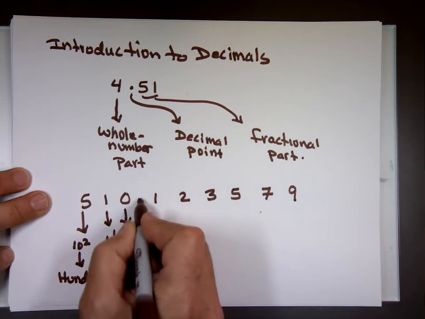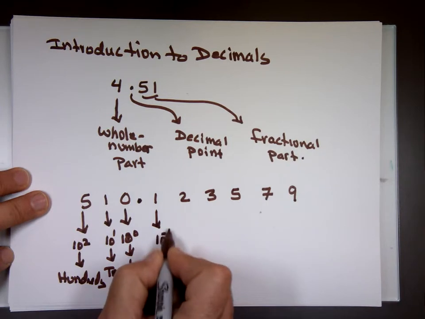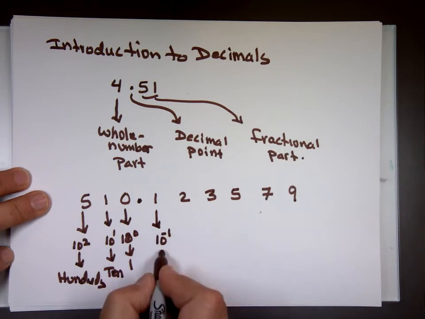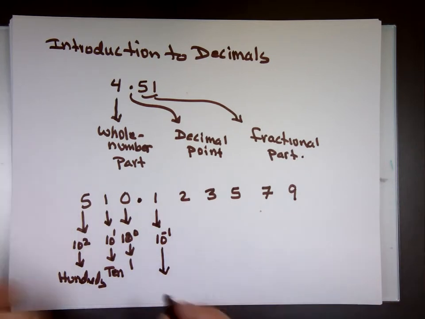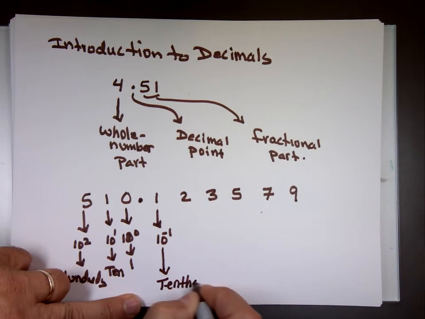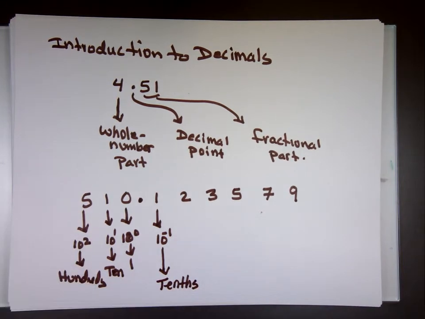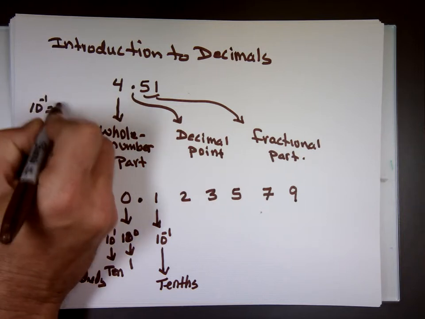So what about to the right of the decimal point? This will be 10 to the minus 1. And what's 10 to the minus 1? That's 1 over 10, or tenths with a th. When you see a th, that means 1 over 10. If you remember negative exponents, 10 to the minus 1 means 1 over 10.